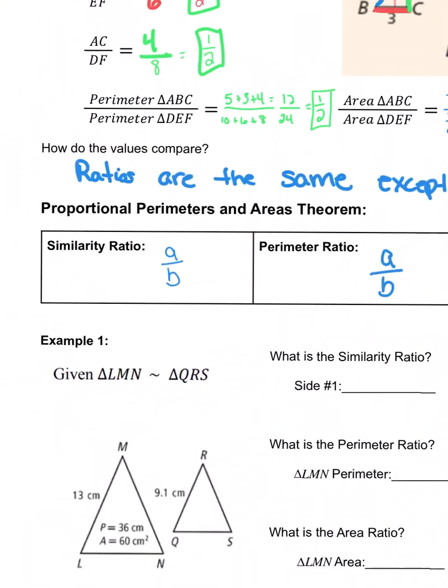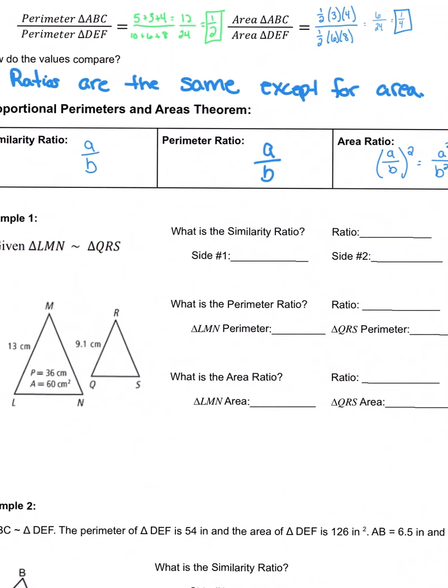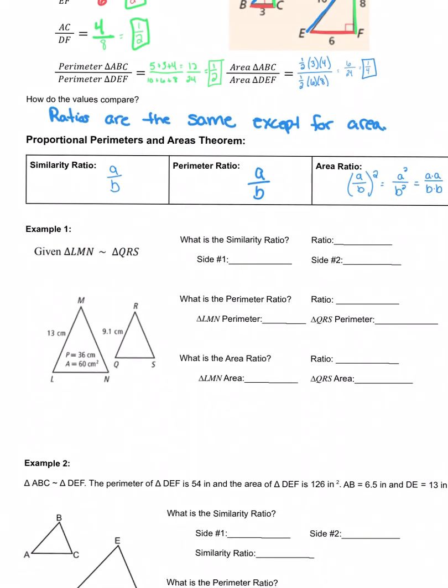Example 1, given that triangle LMN is similar to triangle QRS, what is the similarity ratio? The similarity ratio is when we compare our sides. So we already know that they're similar, so we only have to do this for one side. So let's pick a side.